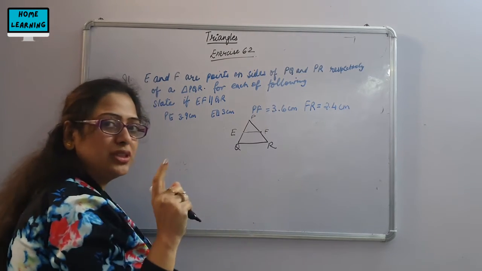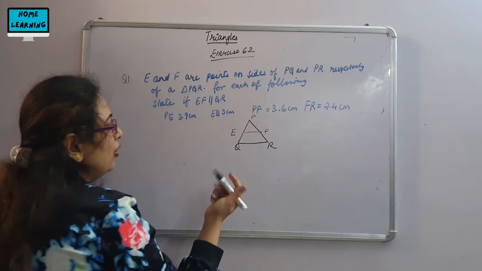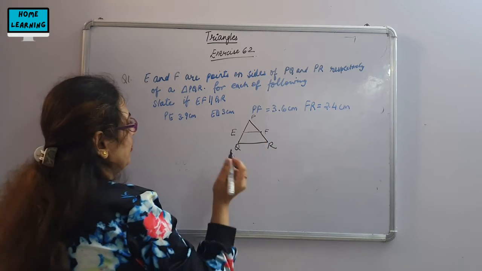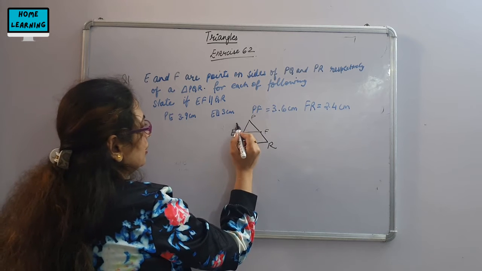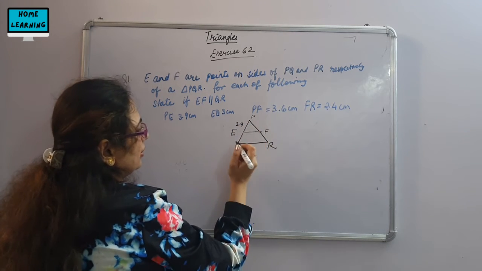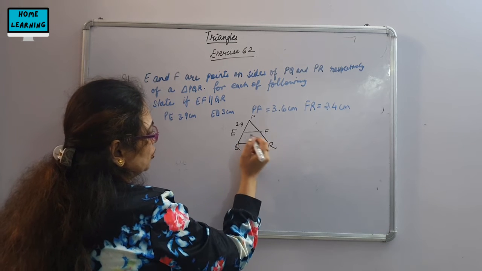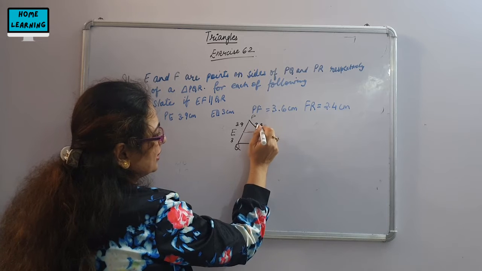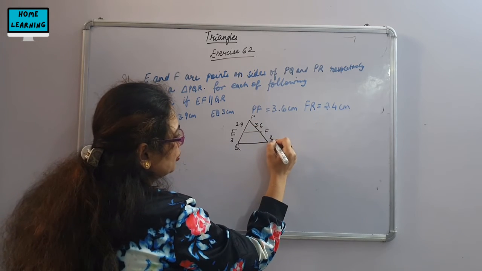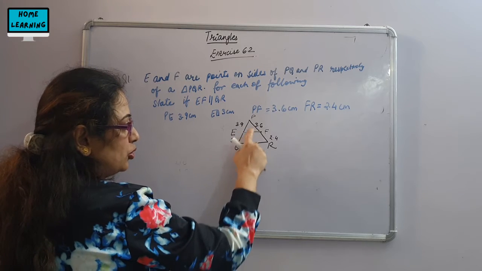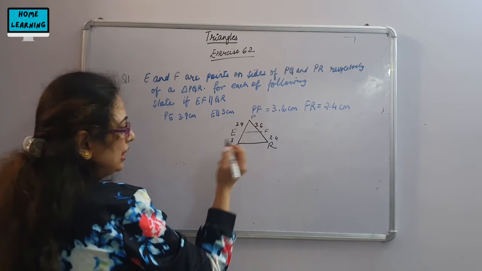This is the same question the other way. Now if it is parallel, then the proportions will be the same for both sides. PE is 3.9 centimeter, EQ is 3 centimeter, PF is 3.6 centimeter and FR is 2.4. If this line is parallel, then the proportions will be equal.